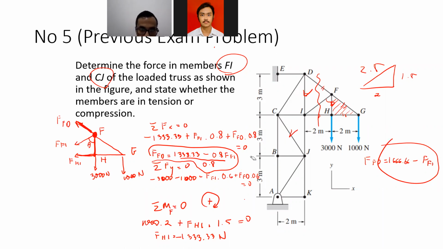Later what we will have will be minus 4,000 minus 0.6 FFI plus 0.6 multiplied by FFD. FFD there, I can replace with 1666.66 minus FFI, then equal to 0.